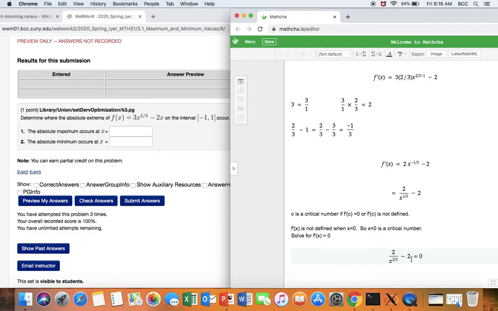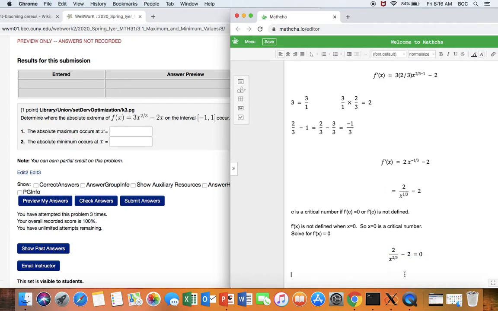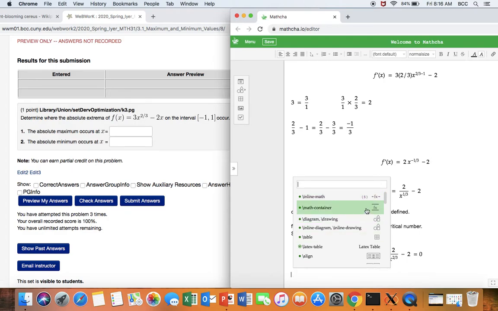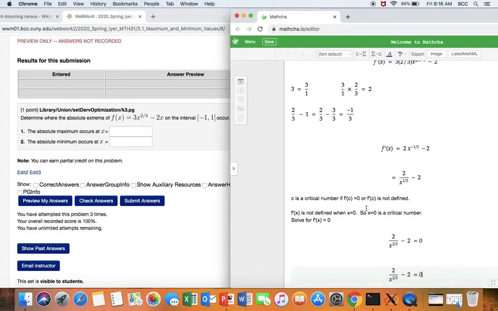Okay, so move the negative 2 to the other side, you get a 2 there and nothing here.